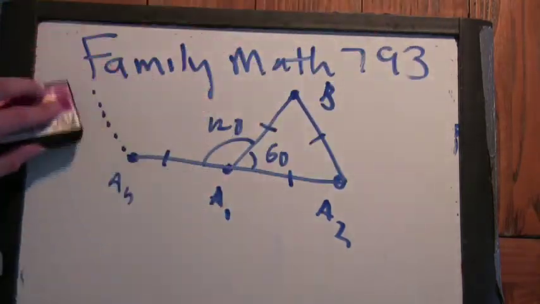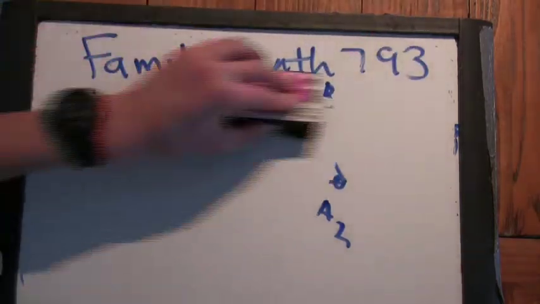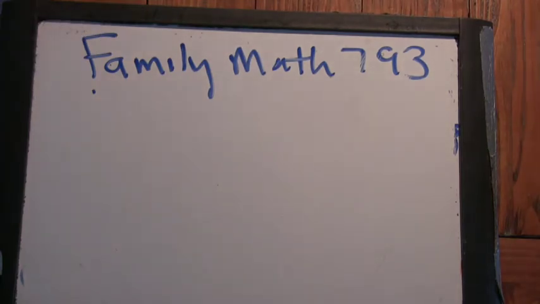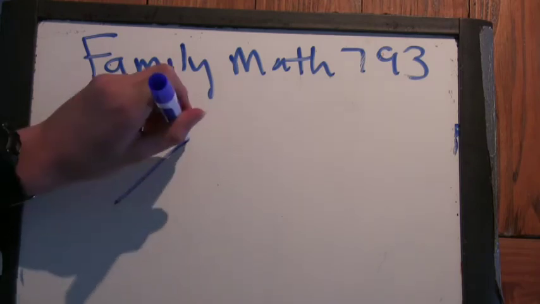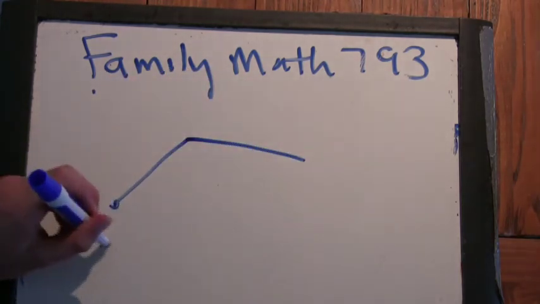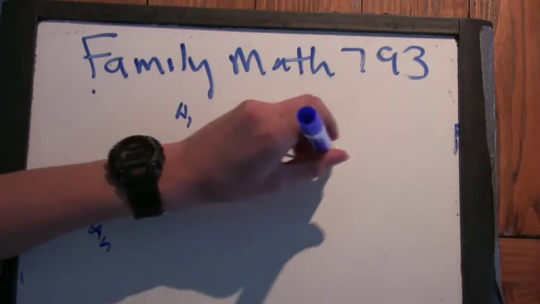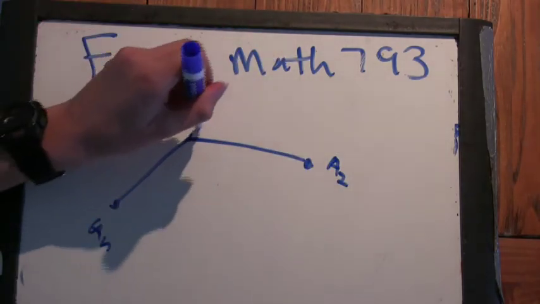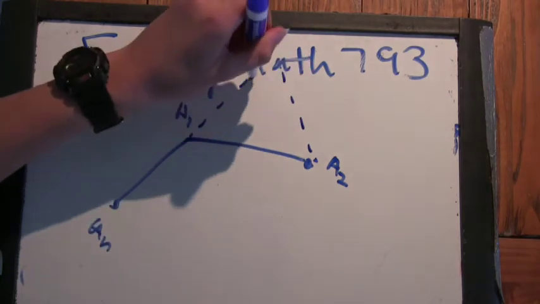So then, since we can't do 6 sides, I wanted to try for 7. AN, A1, A2, and then B is somewhere up here.